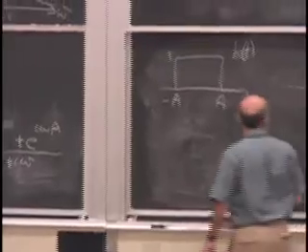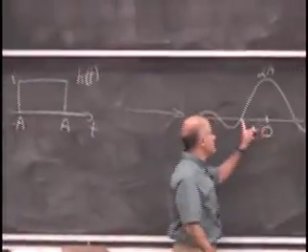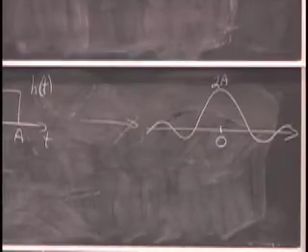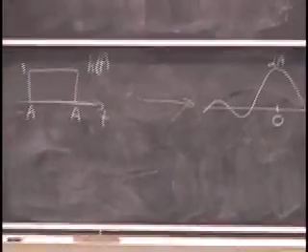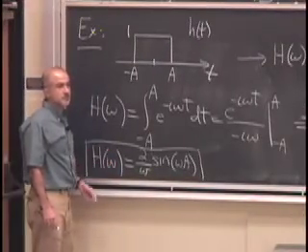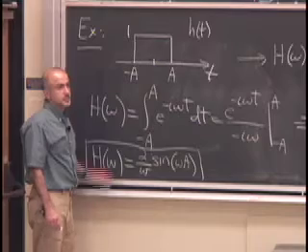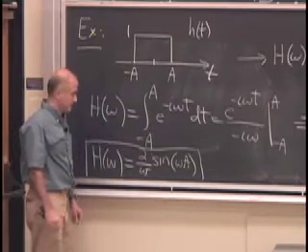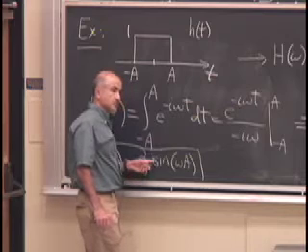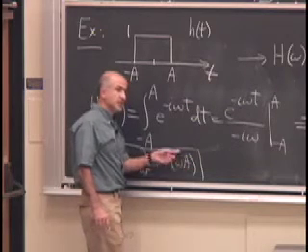And what's the first 0 crossing on either side? When does this go to 0 for the first time? At what omega does this go to 0 first? Let's say on the right side. What does the argument of the sine have to be?